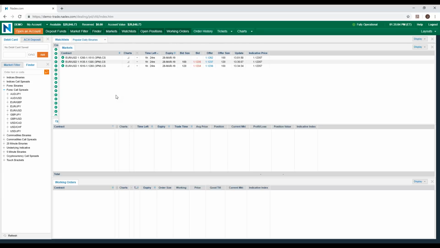Having a ton of multiple options to choose from with 3 different products, whether it's binaries, call spreads, or touch brackets, with different floors and ceilings, a ton of different expirations to choose from, a ton of different strike prices to choose from, being able to customize exactly what you want to fit your strategy or system, whether you're trading short-term on 1 minute or 5 minute bars, or you're trading long-term on 4-hour or daily bars.